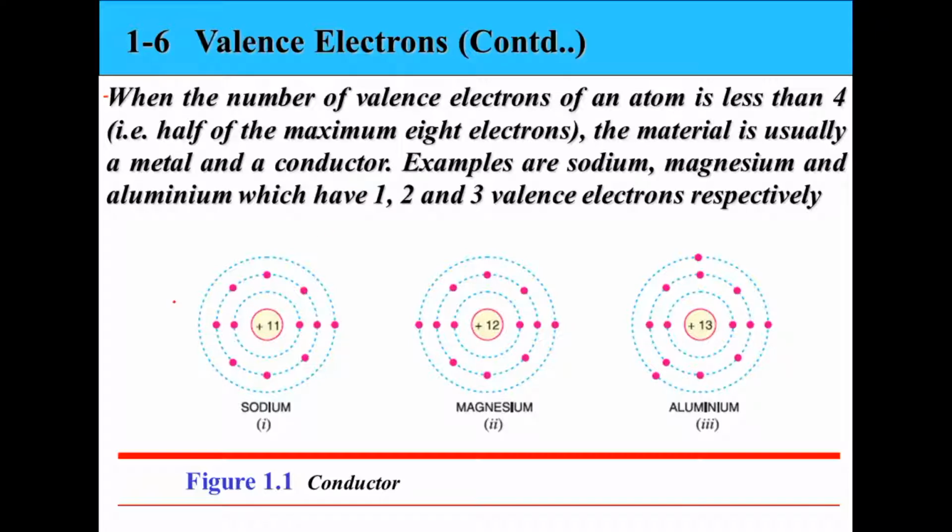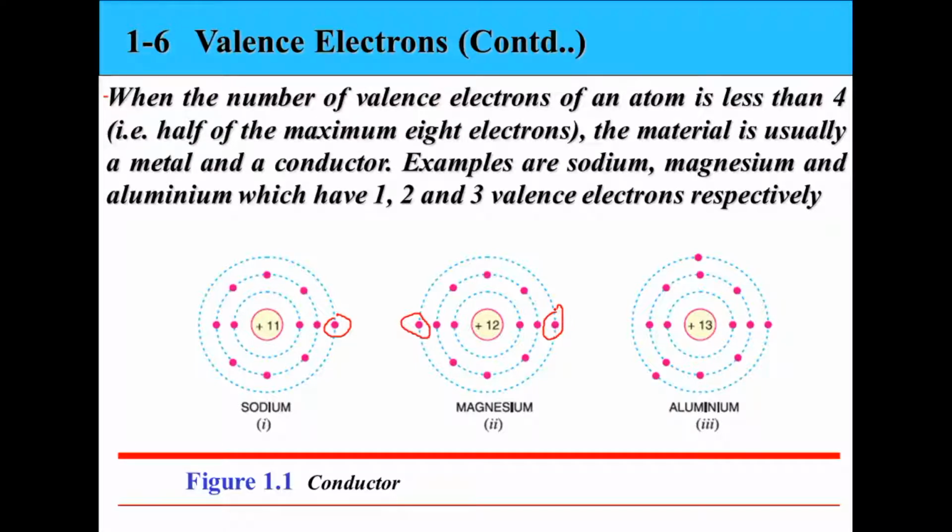For example, sodium has just 1 electron in its outermost shell. That is less than 4, so we can say sodium is a metal, that is a conductor. Magnesium too has just 2 electrons in its outermost shell, so we can say magnesium is a metal, that is a conductor.